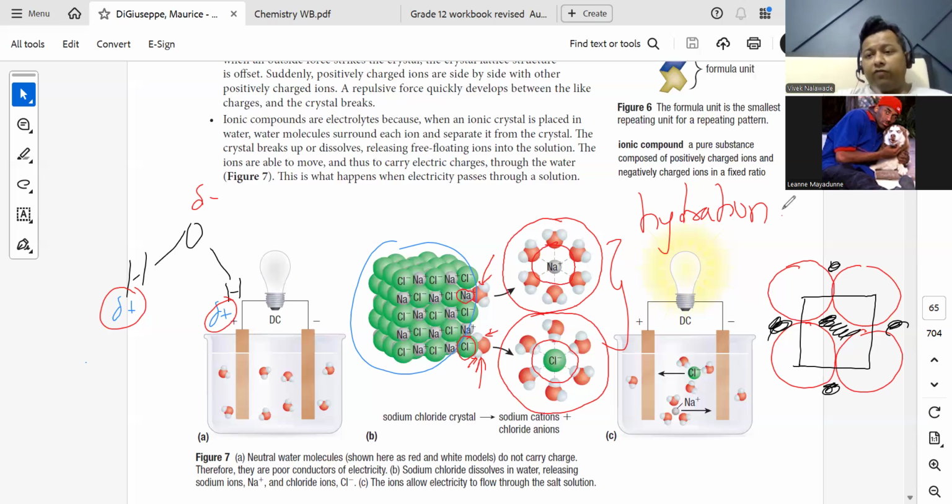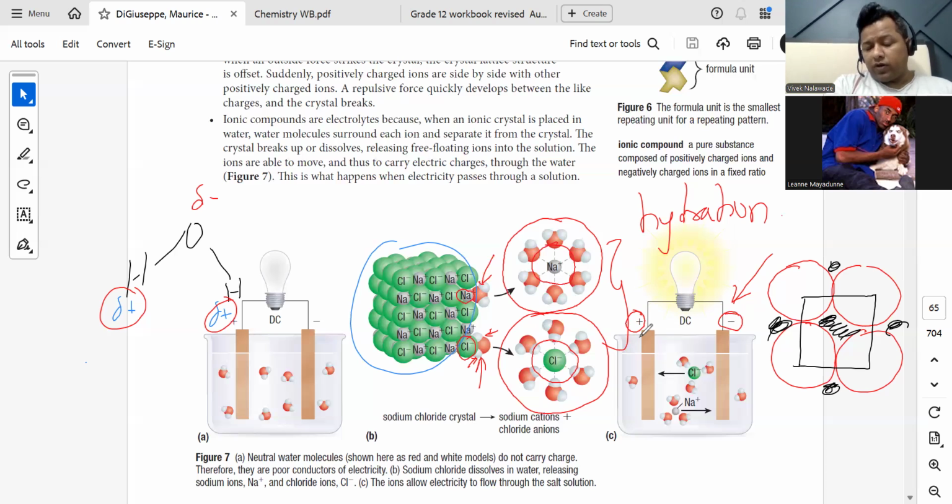So basically, after the ionic compound is dissolved in water, the ionic compound doesn't exist. What exists is the ions. And when we have the electric current or the circuit connected to it, what happens? We have the cathode and we have the anode.